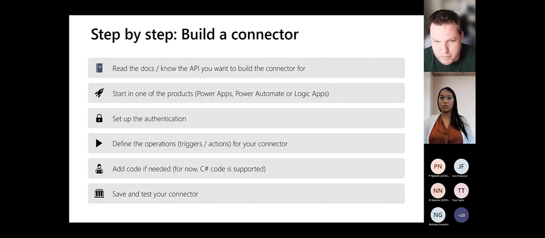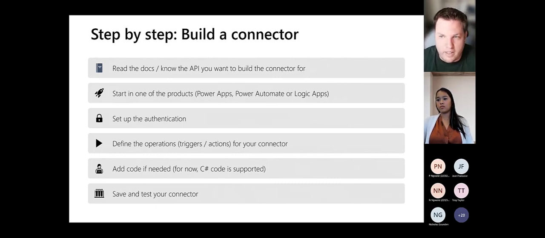You can start in one of the products. So you can go to Power Apps, you can go to Power Automate, or you can go to Logic Apps and start building your connector from there. Then, of course, you need to set up the authentication. So what type of authentication does your API use?